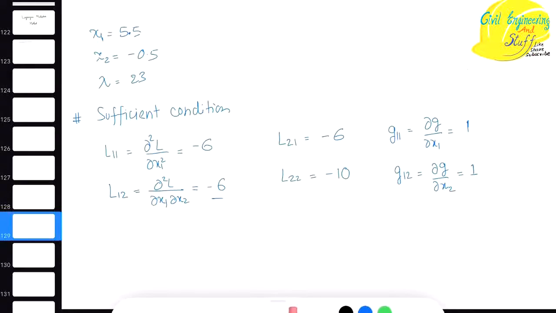If we have the negative value of the polynomial function, then it is maxima. If we have the positive value of the polynomial function, this means that we have minima of the function. Okay, so this is how we solve multivariable functions subjected to equality constraint using the Lagrange multiplier method.